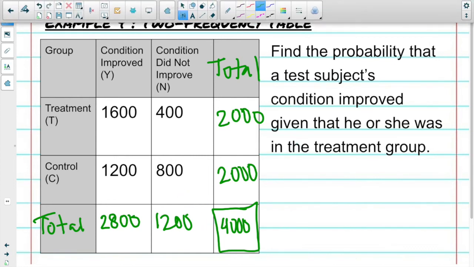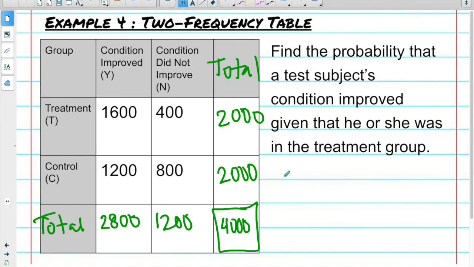So, when we're thinking about this problem, what's it asking us for? It's asking us to find the probability of something given something, right? The probability that the condition improved given that he or she was in the treatment group.